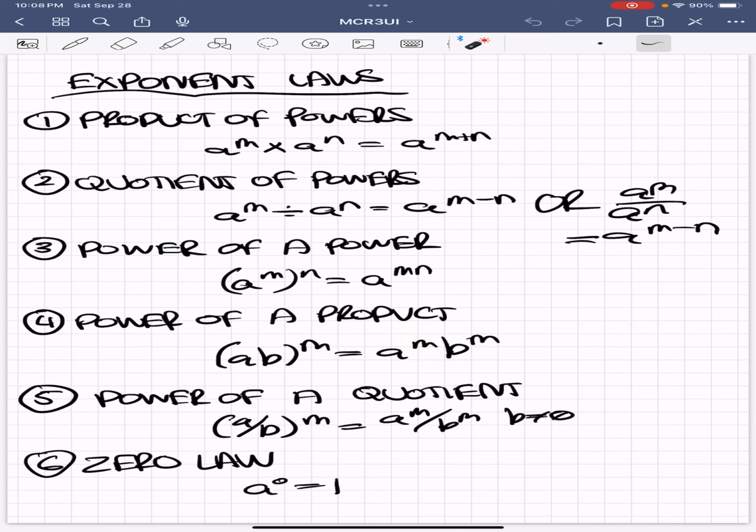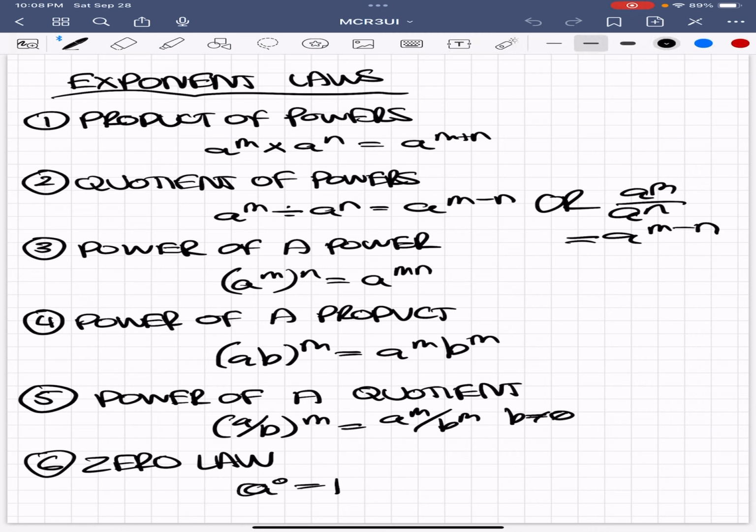We have power of a quotient, which is similar. So we have a fraction here, or division, in brackets with the exponent m. That exponent is applied to both bases on the top and the bottom, with the restriction that b cannot equal 0.